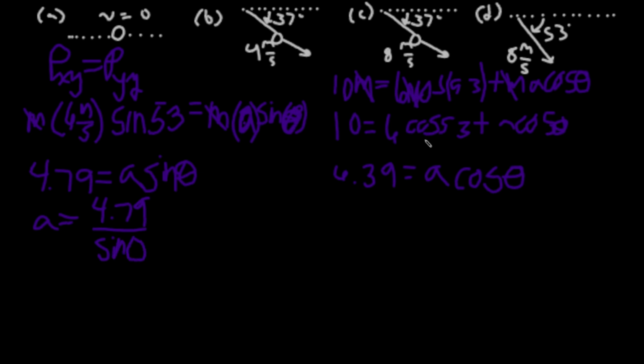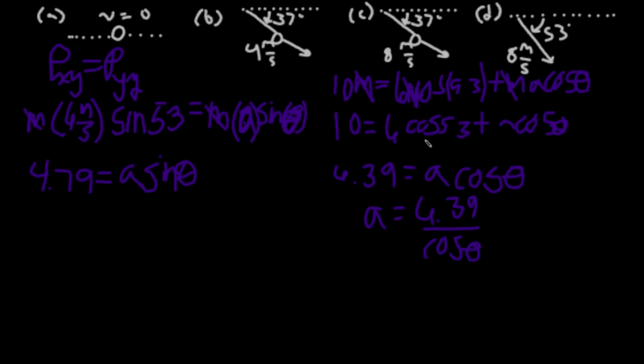And now I'm going to substitute that in here, so we have 6.39 equal to 4.79 times cosine divided by sine, so I could just say cotangent of theta. Actually, let's do it the other way around so we can deal with tangent instead of cotangent. Let's say a equals 6.39 over cosine theta.